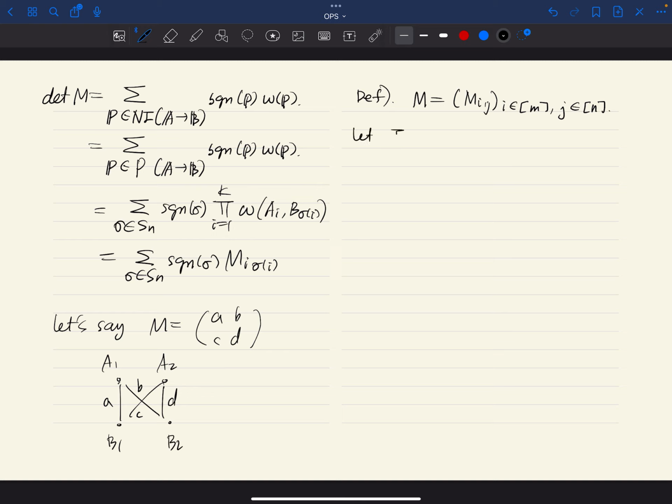Let's say I is a subset of [m], J is a subset of [n]. Sorry, I think I need to introduce one more notation.